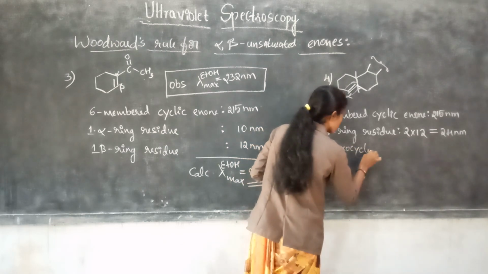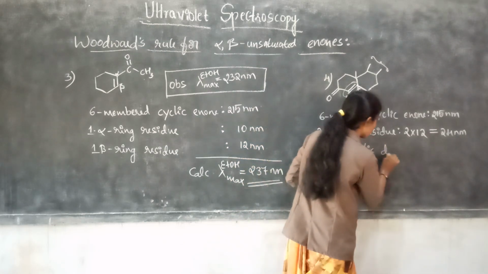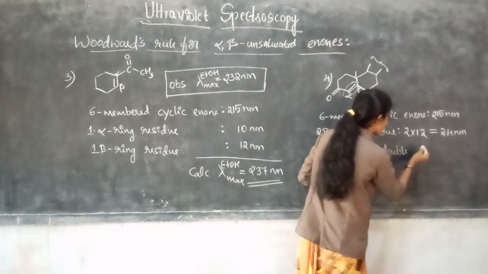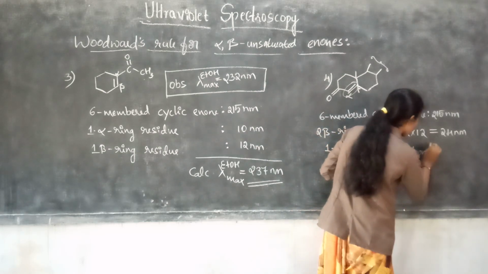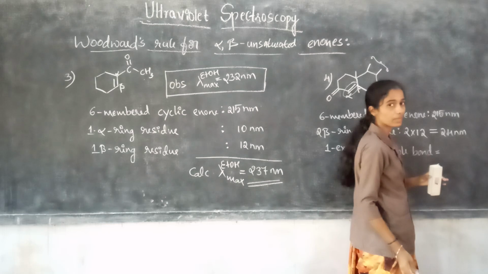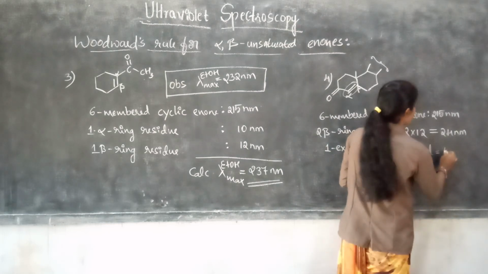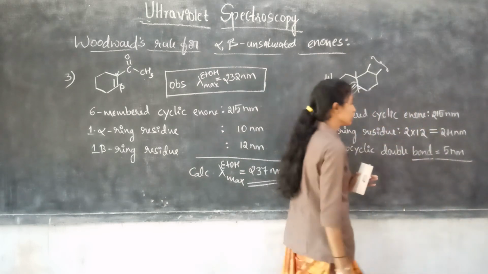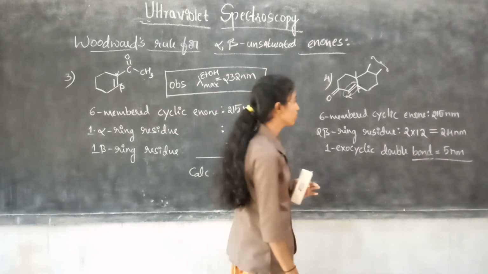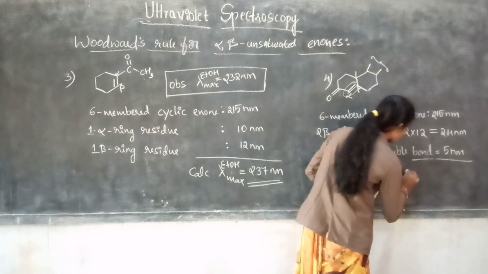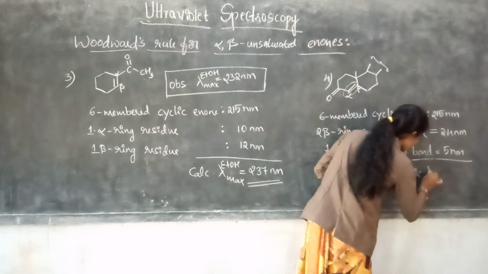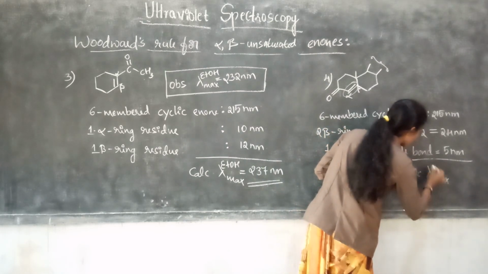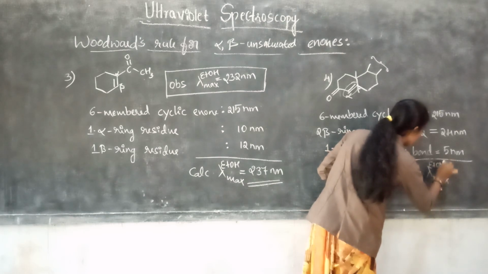So there is presence of one exocyclic double bond. For each exocyclic double bond there will be addition of 5 nanometer. Now we will calculate the absorption maxima in ethanol medium.